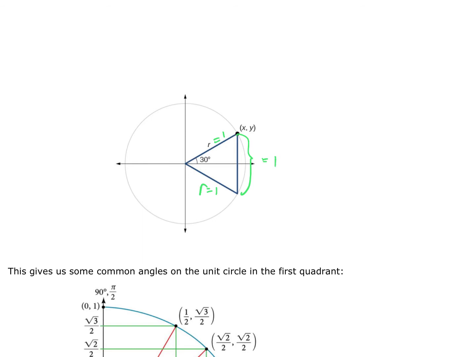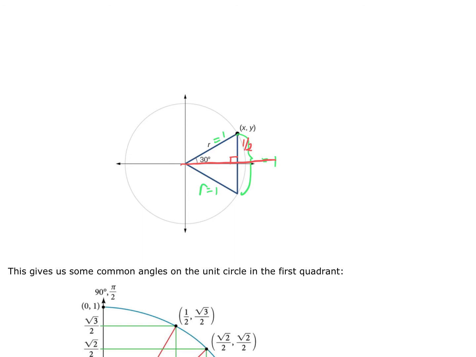Now you said, but I just said I'm going to do the 30, 60, 90, and I just did a 60, 60, 60. Well, that's okay. If that entire distance is 1, and I cut this triangle directly in half so that this line that I cut it with is perpendicular to that side, that brings me to the 30, 60, 90, and that means this side is worth 1/2.